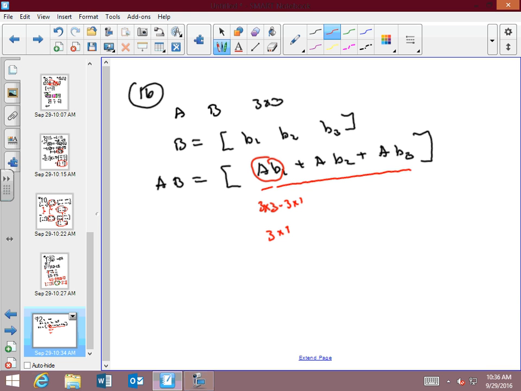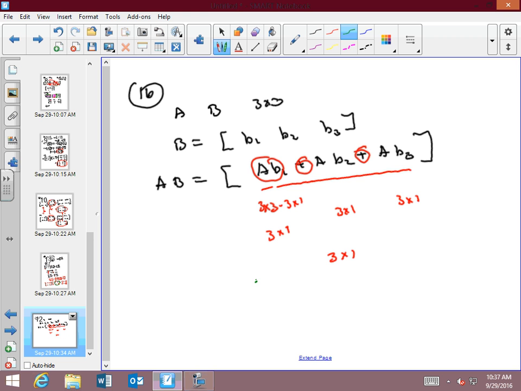You could do the same thing here. This is a 3 by 1, and this is a 3 by 1. But now, what are you doing? You're adding 3 by 1s, and the result is going to be a 3 by 1. That's written incorrectly.